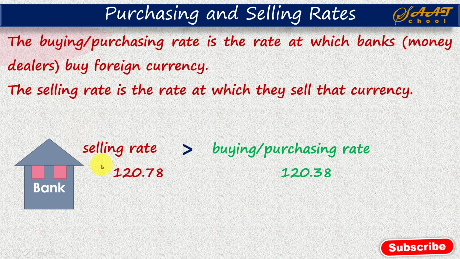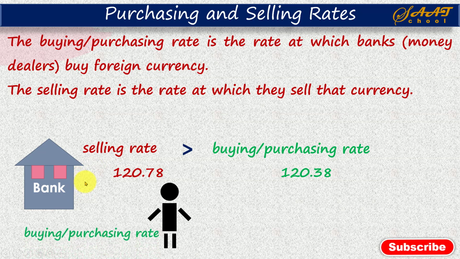So this selling rate is from the bank. Now suppose this selling rate is from the bank, then that selling rate becomes the buying or purchasing rate for you. This selling rate, which is 120.78, is from the bank, and that selling rate is your buying or purchasing rate.